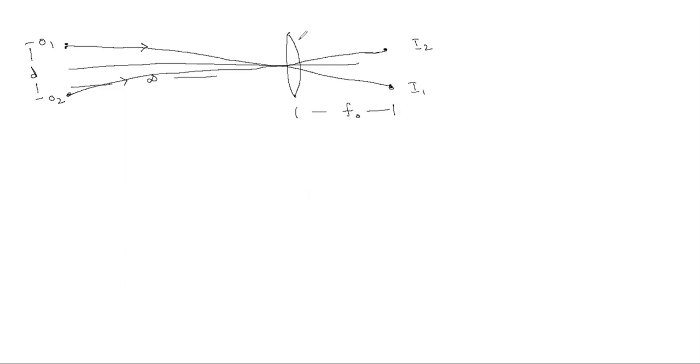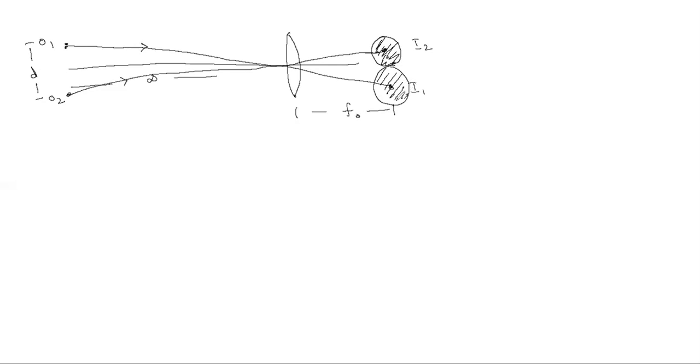If you link this with wave optics, then obviously diffraction will be there. Diffraction means each image will appear like one bright spot, and instead of a point object we are seeing a bright spot. Here also we can see one bright spot.